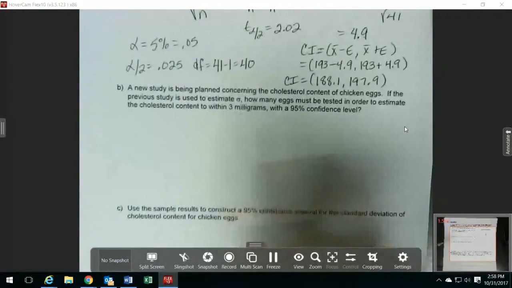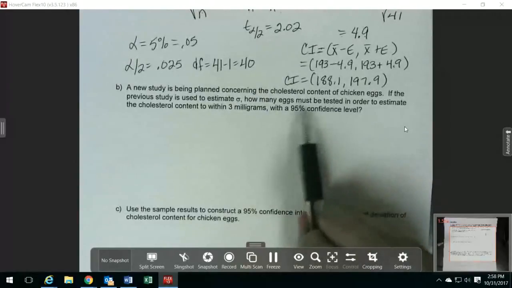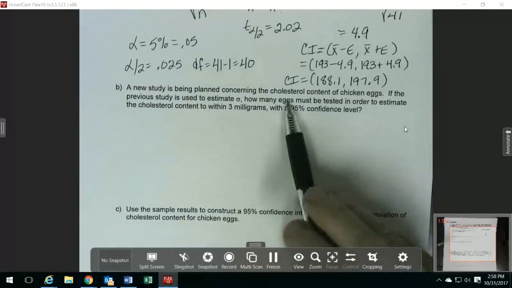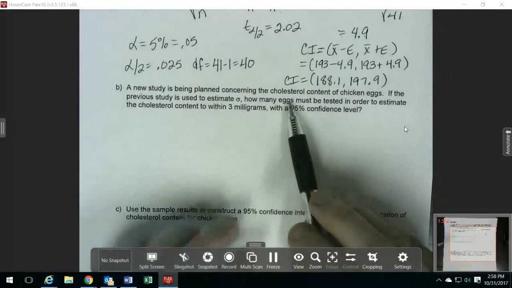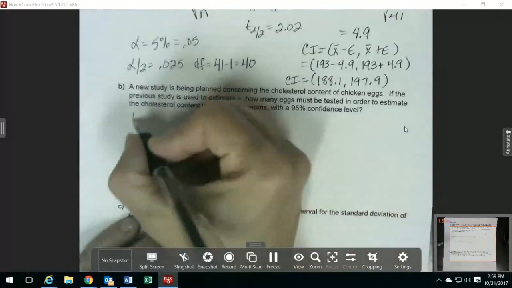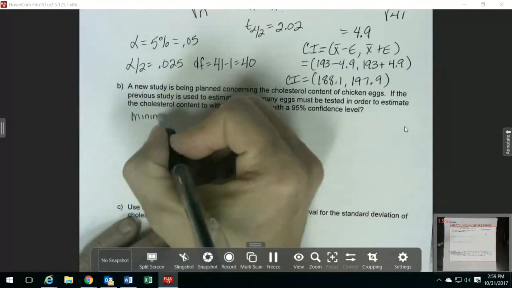Okay, then with this one, they're planning a new study and they're trying to figure out how many eggs have to be tested. So what this is asking for is a minimum sample size.